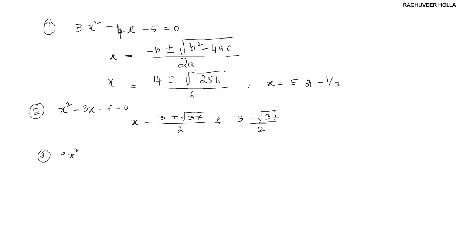Again, another example: 9x squared minus 6x plus 1 is equal to 0.